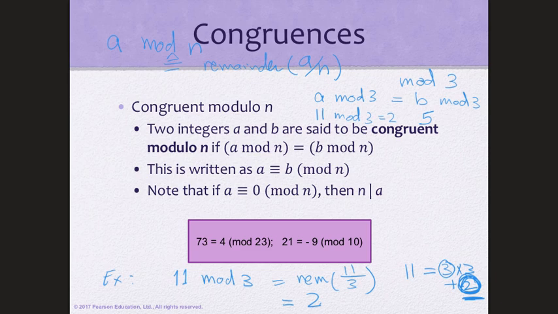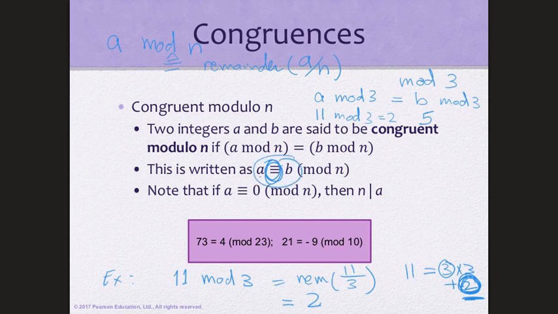So, if two numbers are equal to each other mod n, we call those two numbers congruent to each other. We don't just say equal. We say congruent to each other. Like this. And the congruence operation is represented by 3 horizontal lines instead of 2 in the case of equality. Okay?